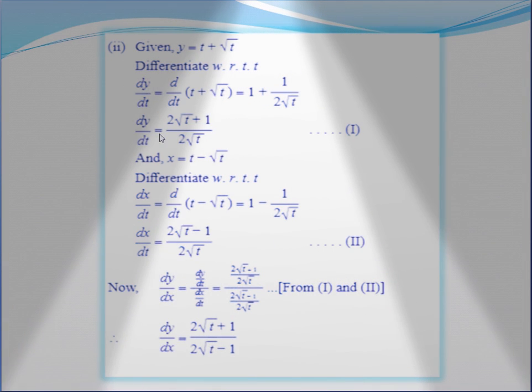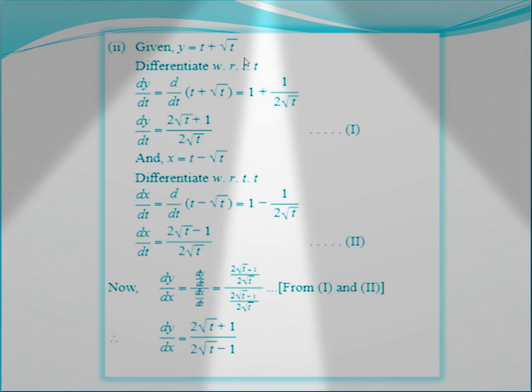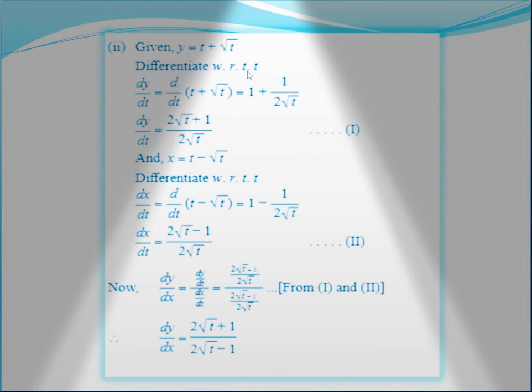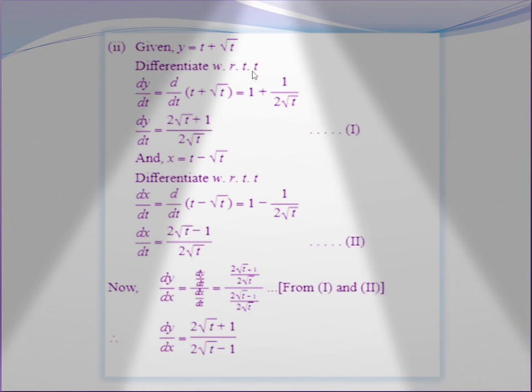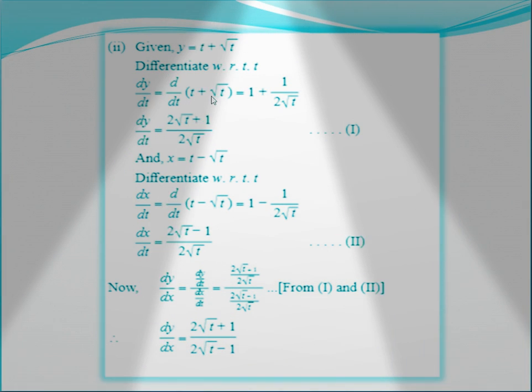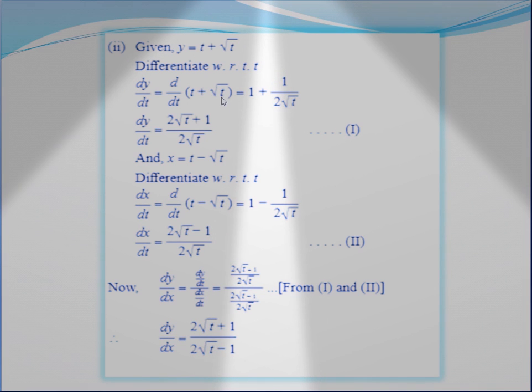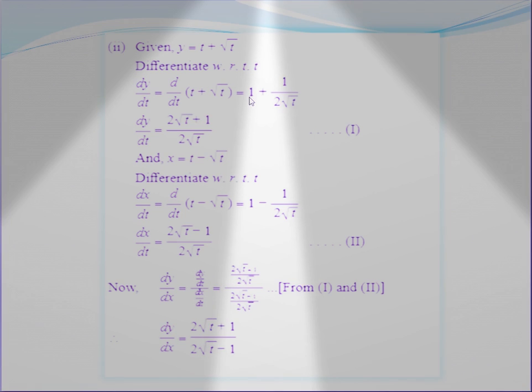Now consider the answer for the second example. Given that y is equal to t plus root t. Differentiate this equation with respect to t. Therefore, the derivative of y with respect to t is again dy upon dt equal to d by dt of t plus root t. Now by using the addition rule, we can write the derivative here.